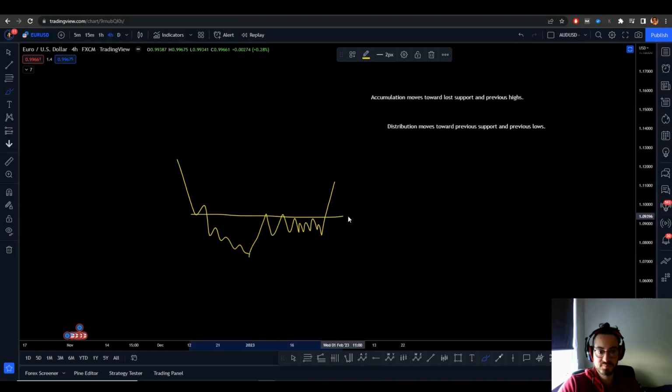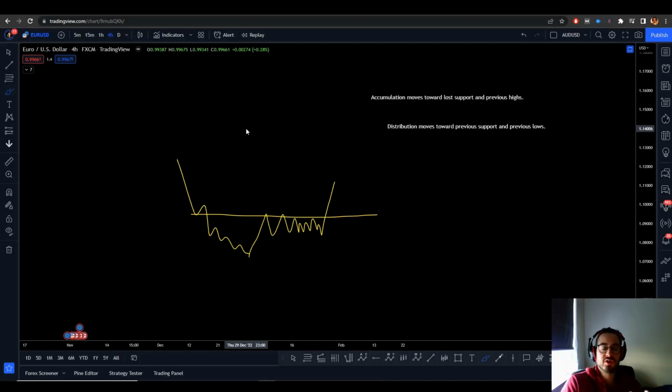So this point was support, and we lost it because we broke and went below it. So we accumulated and impulsed, popped up to this level. This is also how you find levels in the market, targets or support resistance areas, or supply and demand zones, etc., etc. So all of this works together to form price movement and price direction.